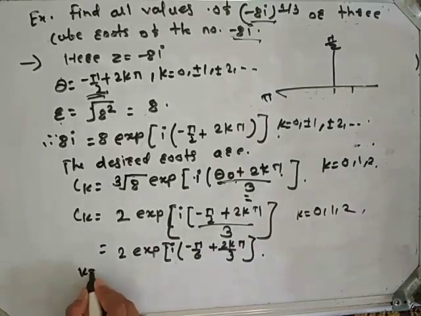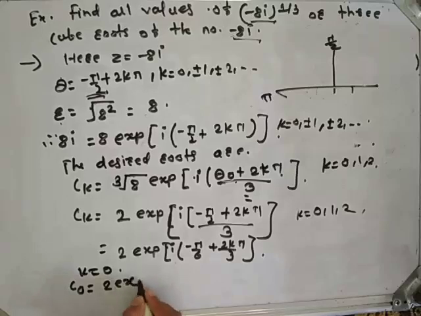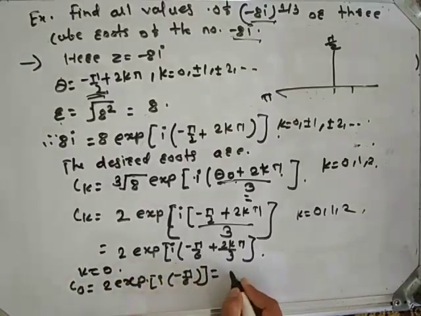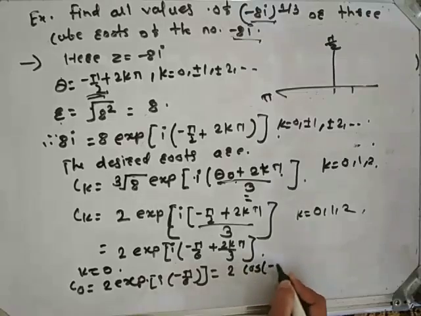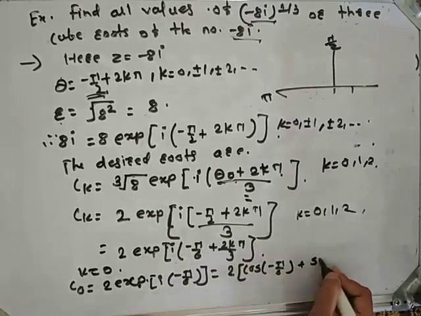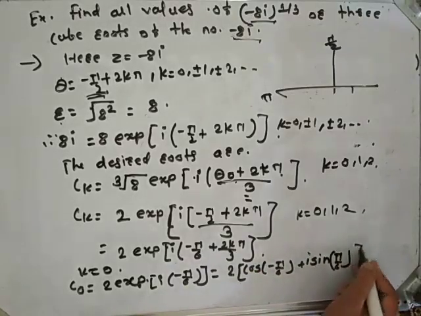For k equals 0, c_0 is 2 exponential of i times minus pi by 6. This is 2 into (cos of minus pi by 6 plus i sin of minus pi by 6).